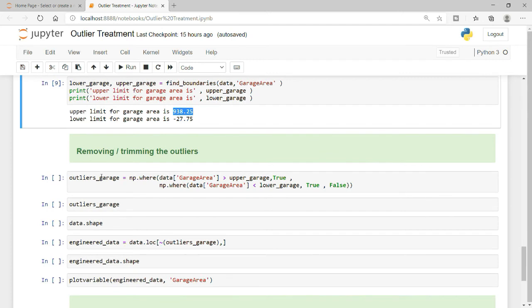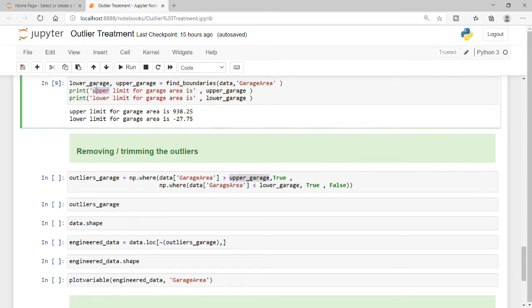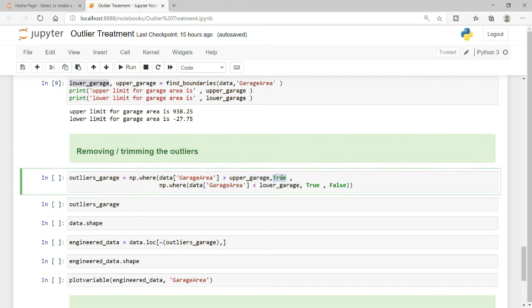So here what I have done is simply create a list, and here I have written numpy.where. I have used numpy's where clause, and here I have said that for my data in the garage area variable, whatever is above the upper garage, above our upper limit, give me true, meaning it is an outlier because this observation is greater than the upper limit.